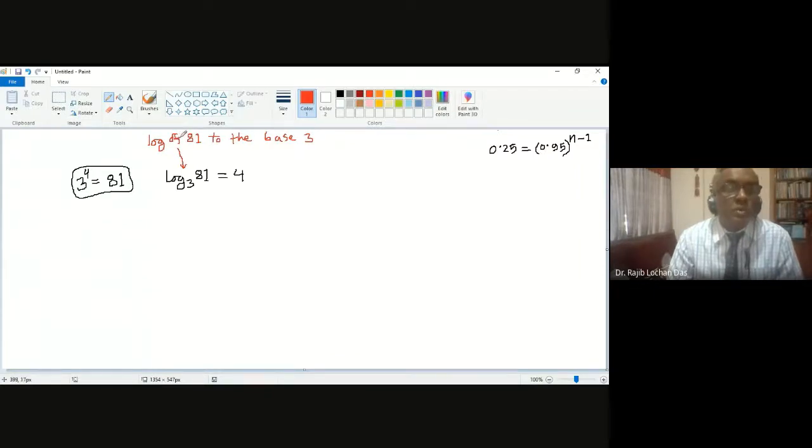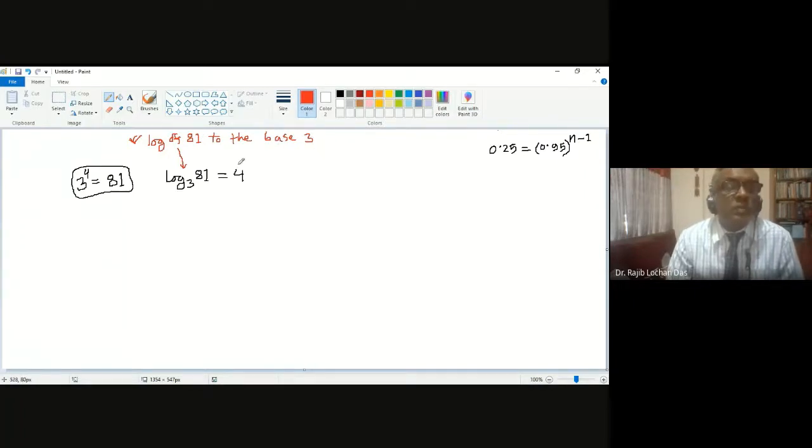You should not say 3 to the power 81, and you should not say log 381. If you say log 381, this is wrong. You have to say it like this: log of 81 to the base 3.